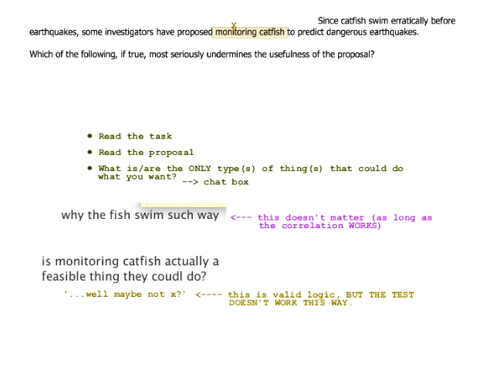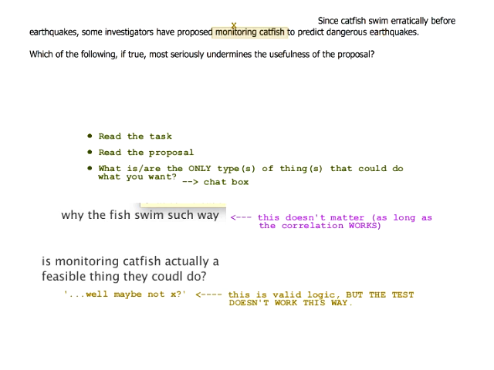Radically and dangerous. Well, yeah, dangerous earthquakes. Earthquakes are kind of dangerous, right? So although it's true, there could be something here. This is like all earthquakes, and this is like just the dangerous one.